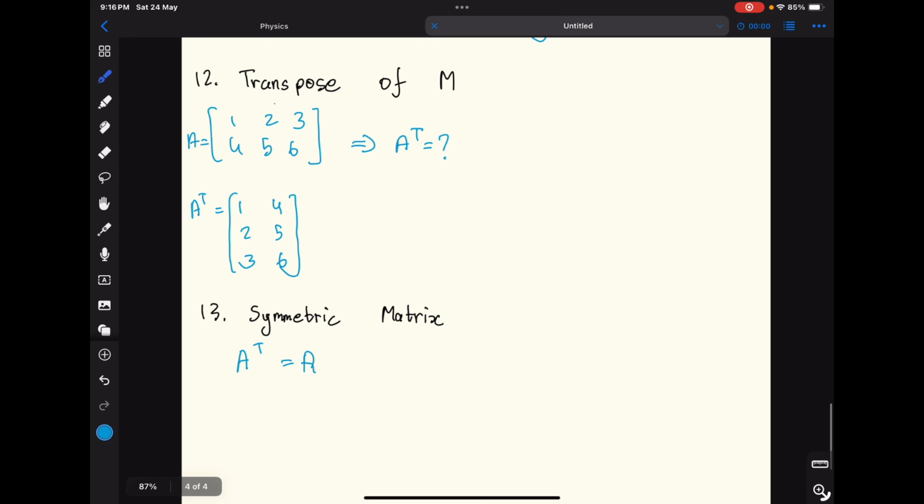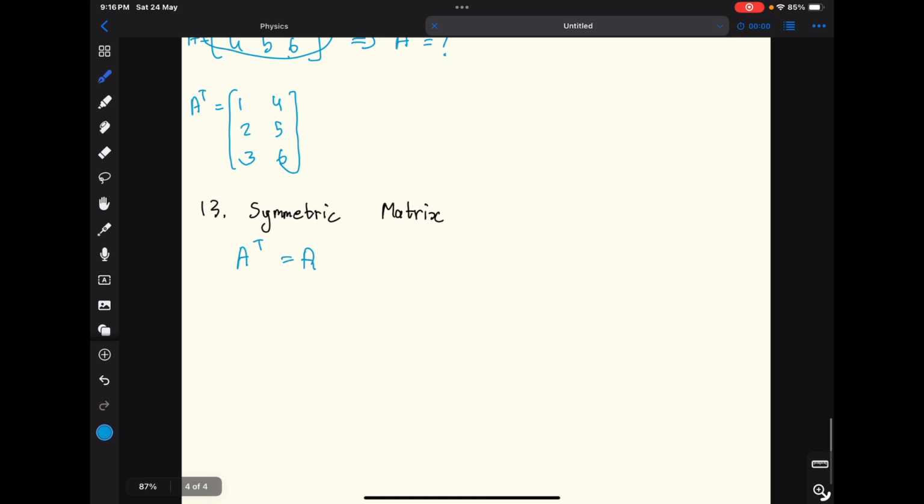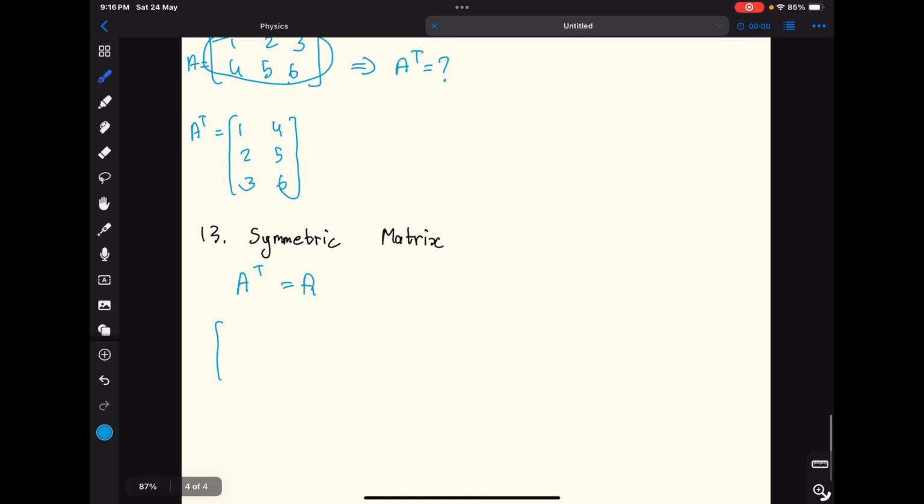It means when you transpose the matrix, it will turn out to be the same. Now let's take one example: 1 2 4, 2 0 3, 4 3 5.